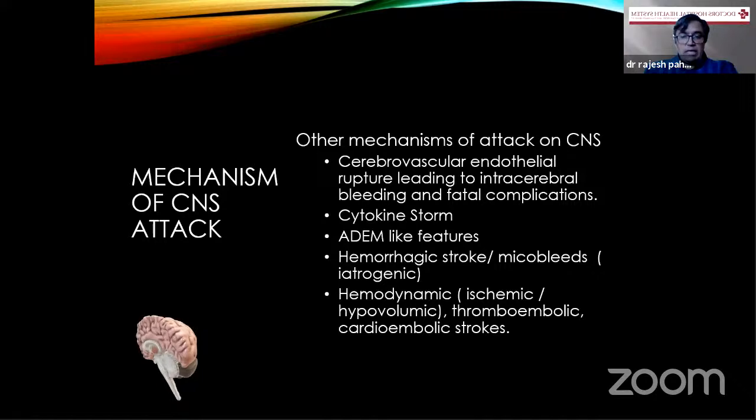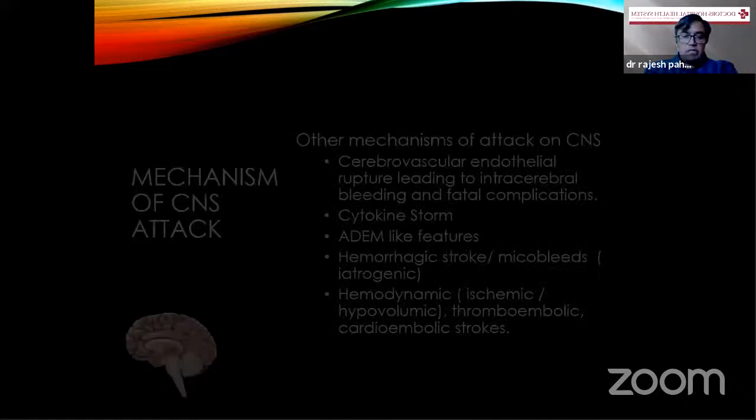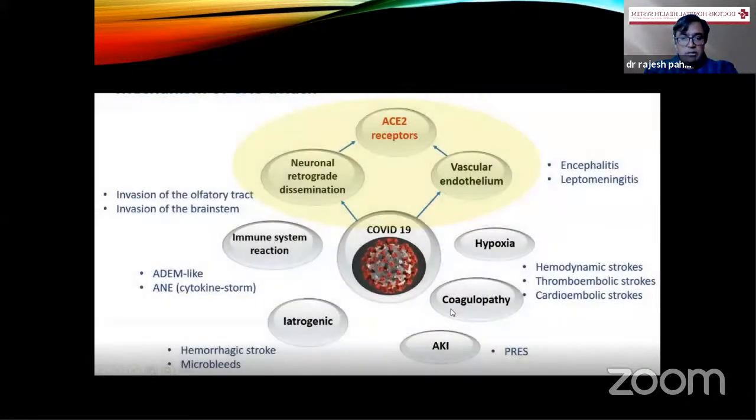Hemorrhagic stroke and microbleeds, which are mostly iatrogenic, but can also be because of the isolated thrombocytopenia seen in many patients with COVID. Hemodynamic, thromboembolic, or cardioembolic strokes, out of which the hemodynamic strokes are most common.